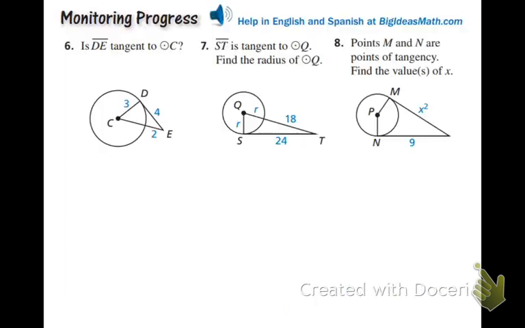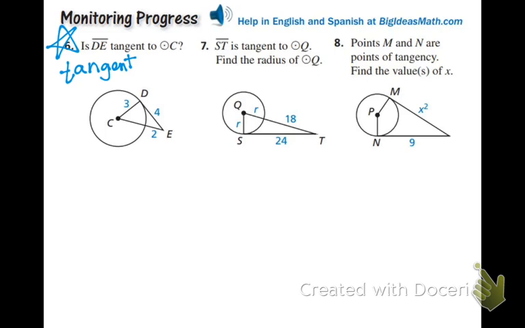All right, some of the other things we learned were about number 6 and number 8. Number 6 is DE tangent to circle C. I need you to put a star next to this one. This one will be on the quiz, and a lot of people get it wrong the first time. And I don't want you to be one of them. So, if a line is tangent, the tangent line and another line have to be perpendicular.